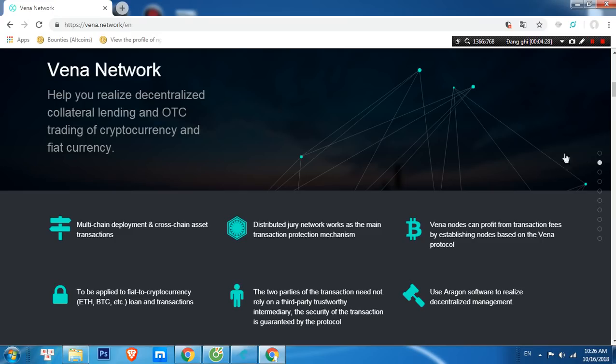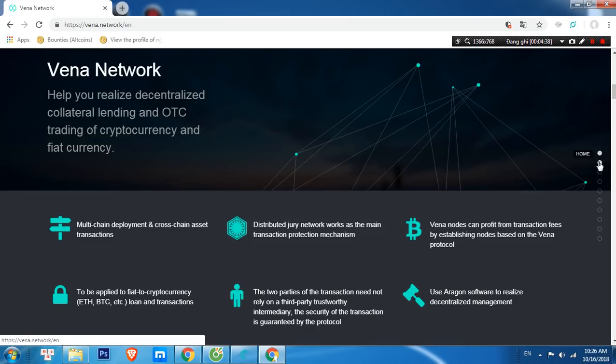And Vena Network aims to realize decentralized collateral lending and OTC trading of cryptocurrency and fiat currency. The third is multi-chain development across asset transactions, with a distributed network as the main transaction process mechanism.